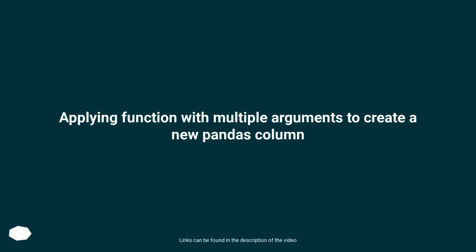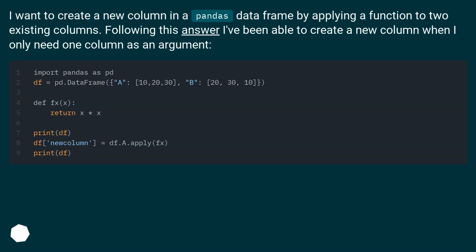Applying function with multiple arguments to create a new pandas column. I want to create a new column in a pandas data frame by applying a function to two existing columns. Following this answer, I've been able to create a new column when I only need one column as an argument.